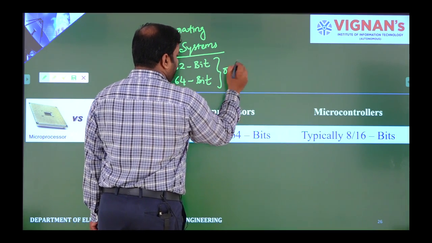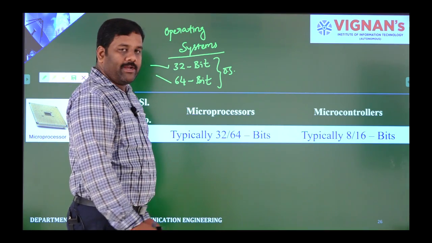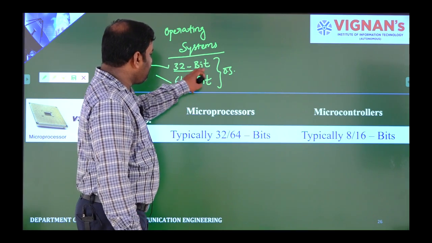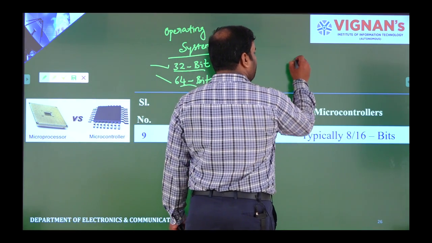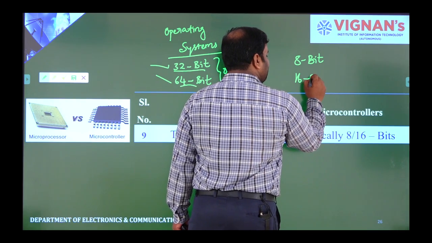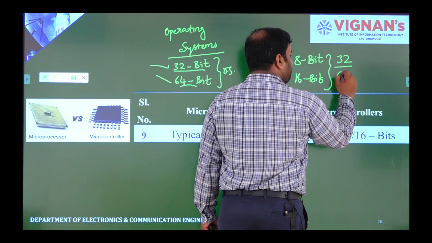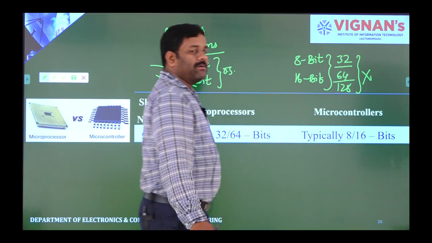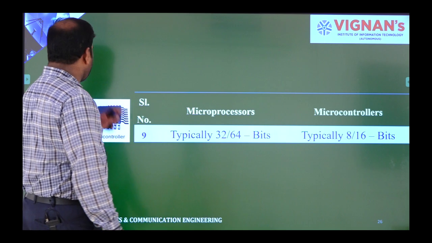Depending on your priority, you can format with either 32-bit or 64-bit. But if it is a microcontroller, the minimum is 8-bit and the maximum is 16-bit only. There is no place for 32, 64, 128. These are not permitted for microcontrollers. Thank you.